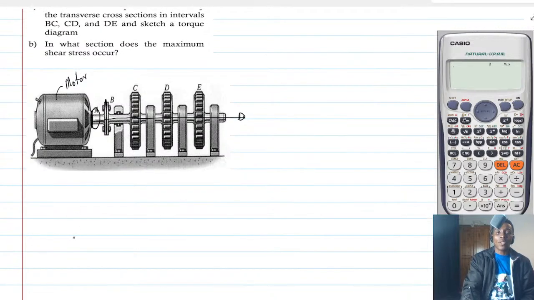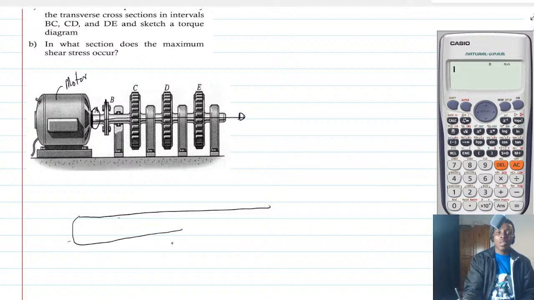So this is what I'm trying to say. Let's say that we have the shaft here. Let me bring it down here. This is the shaft. Oh, sorry.